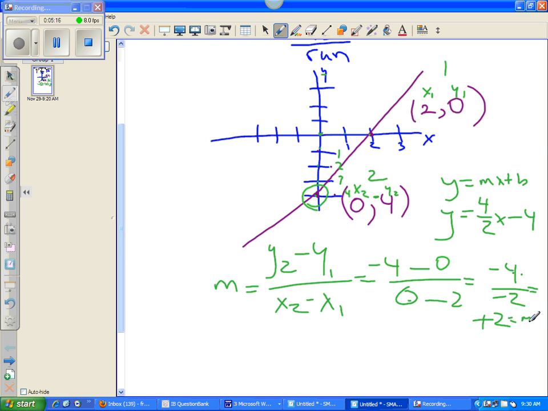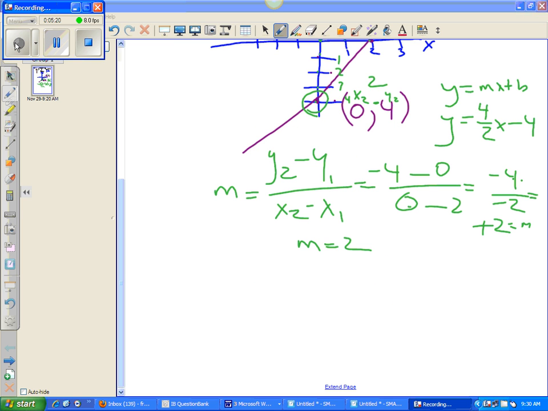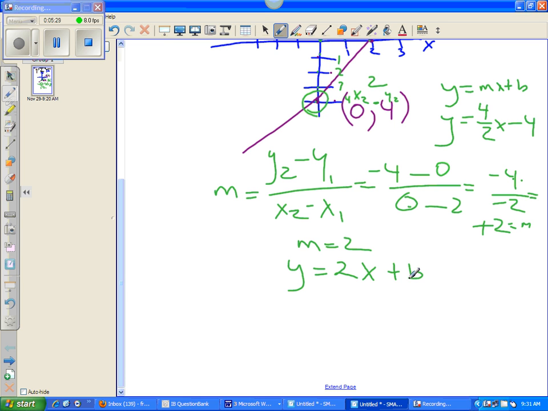Let's see if we can prove this. So now I'm going to rewrite my formula. Y is equal to 2, because I know that's the slope, x plus b. I'm going to choose one of my points that I have. In this case, I'm going to choose 0, comma, negative 4. And I'm going to substitute those two numbers into my x and y.